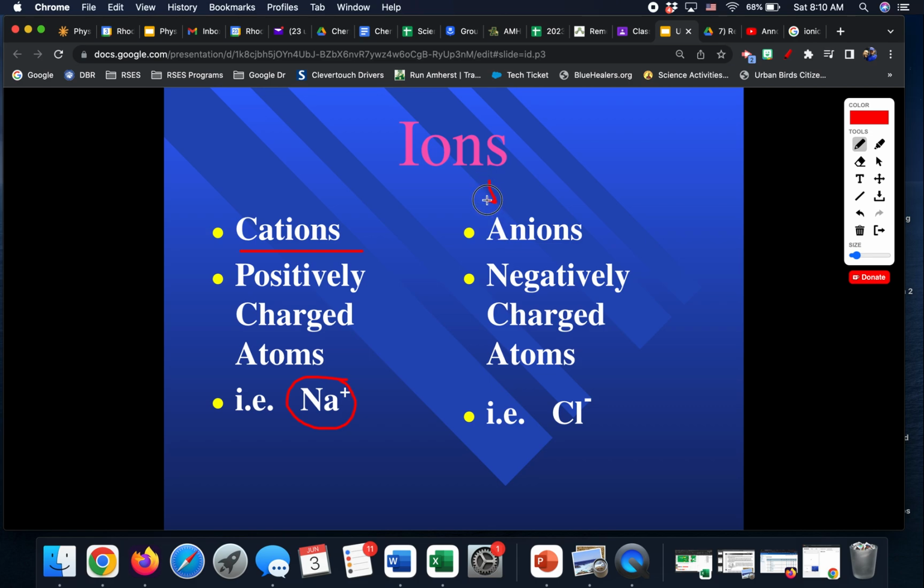Anions are A, because it starts with an A, negative ion. So I just think of the N stands for negative ion. So anions are a negative ion, and what happens is when something gains an electron like chlorine does, it's a negative ion.